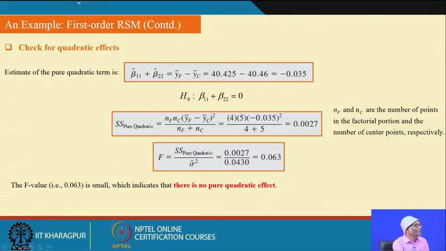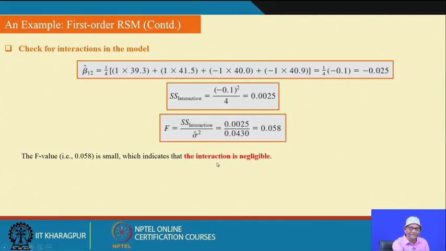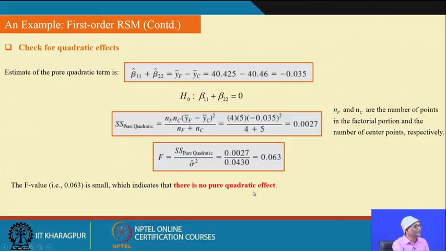And then the quadratic effect is estimated. One lecture we have already given you on how the quadratic effect is estimated using the central point. Using the F test we found that the quadratic effect is not there. So, interaction is not there, quadratic effect is not there.